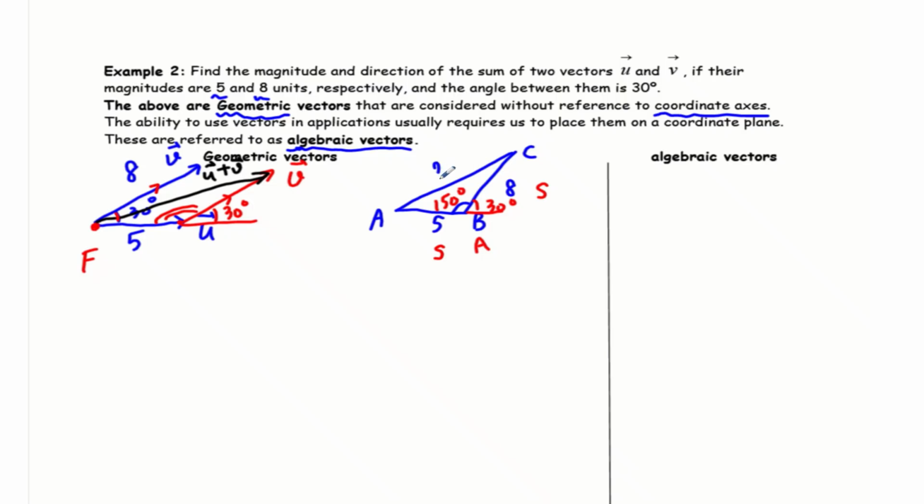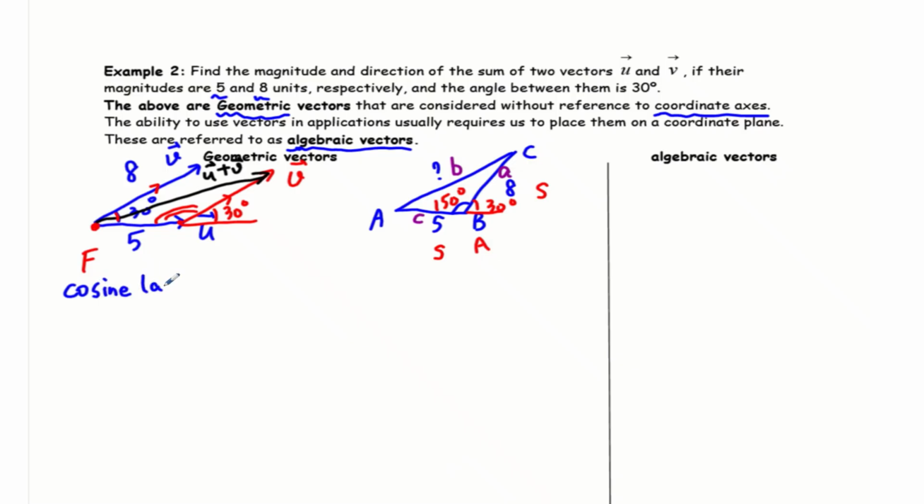This AC is the magnitude of our resultant, the sum of the two vectors. We are going to label it using opposite angles. The opposite side will be a small letter. So this opposite side is small letter a, this opposite side is small letter c, this opposite side is small letter b. We want to find b, so the cosine law.